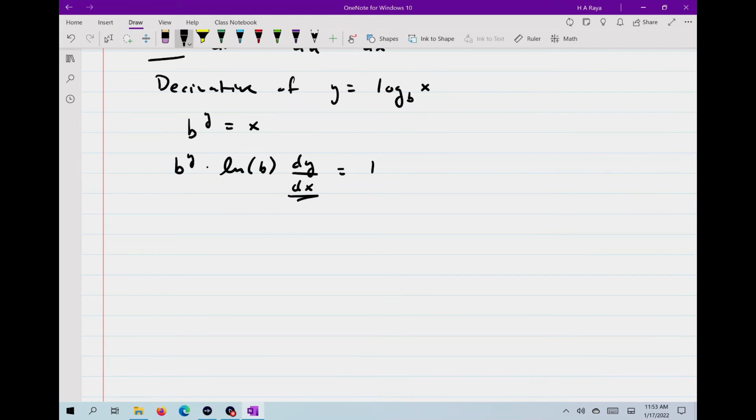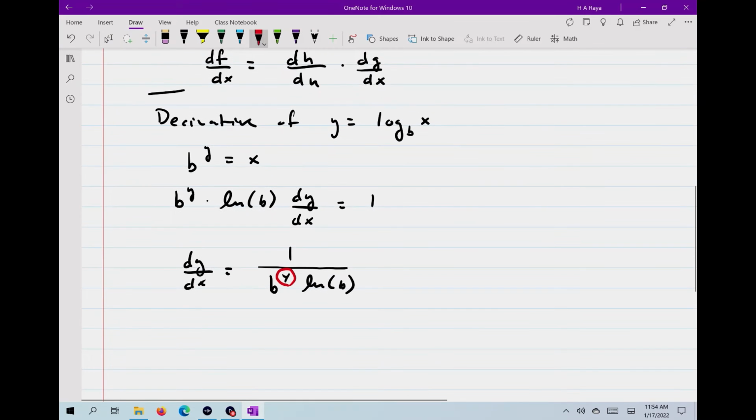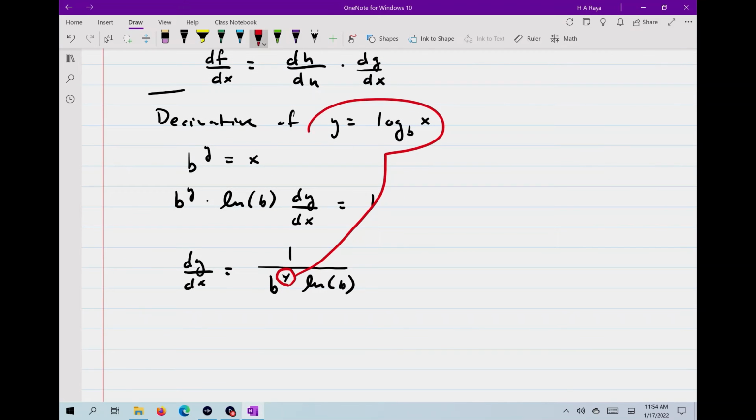From this line, if we solve for dy dx, we have that dy dx is equal to 1 over b to the y, natural log of b. And in this formula, we can replace y with log base b of x.